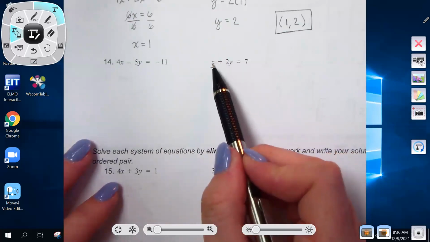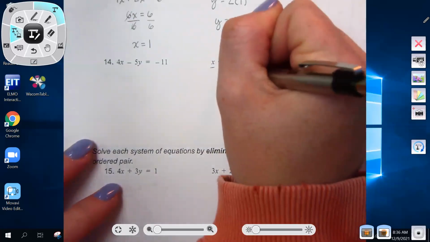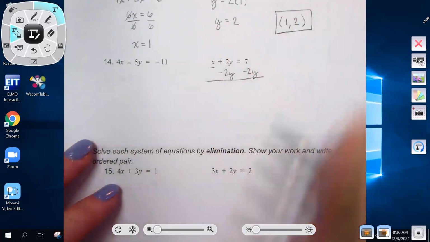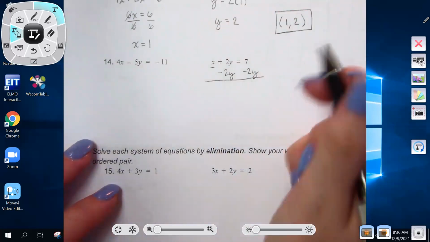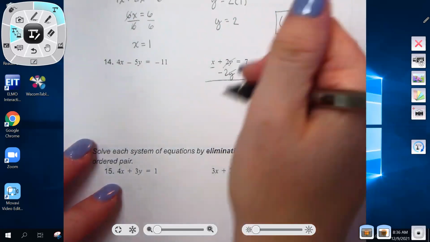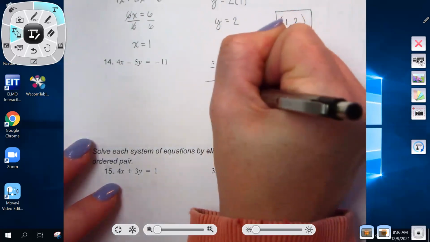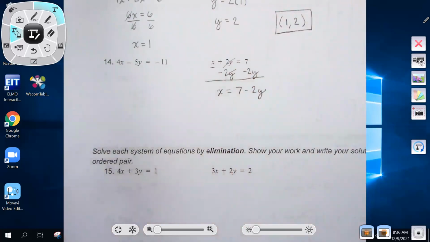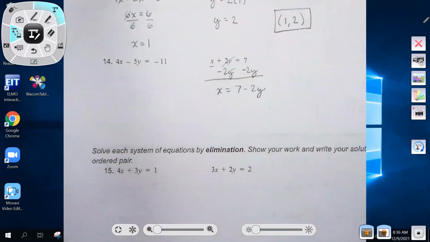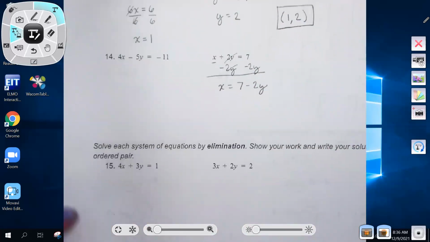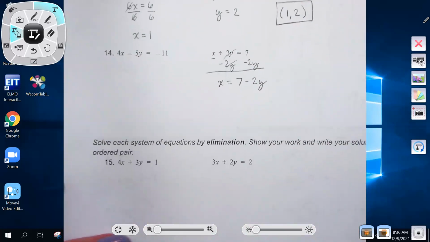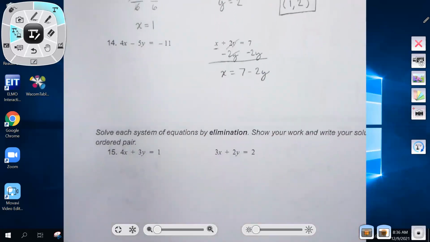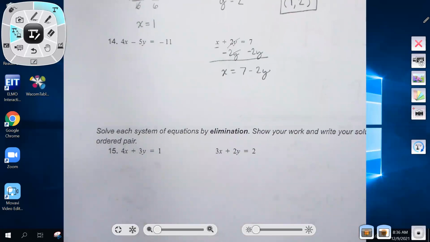So if I want to solve for x in this equation, I need to subtract 2y from both sides. So we get x equals 7 minus 2y. Now that I have an equation solved for one of the variables, I can substitute that into the other equation.